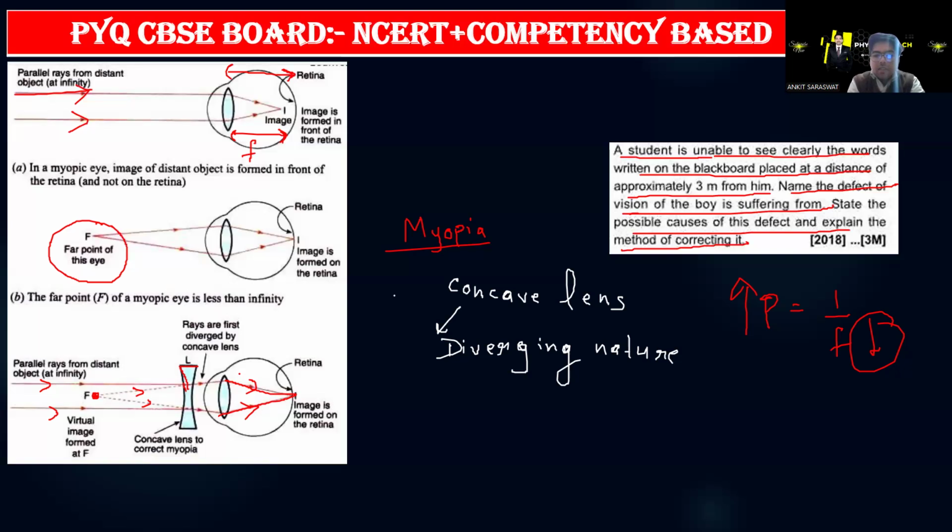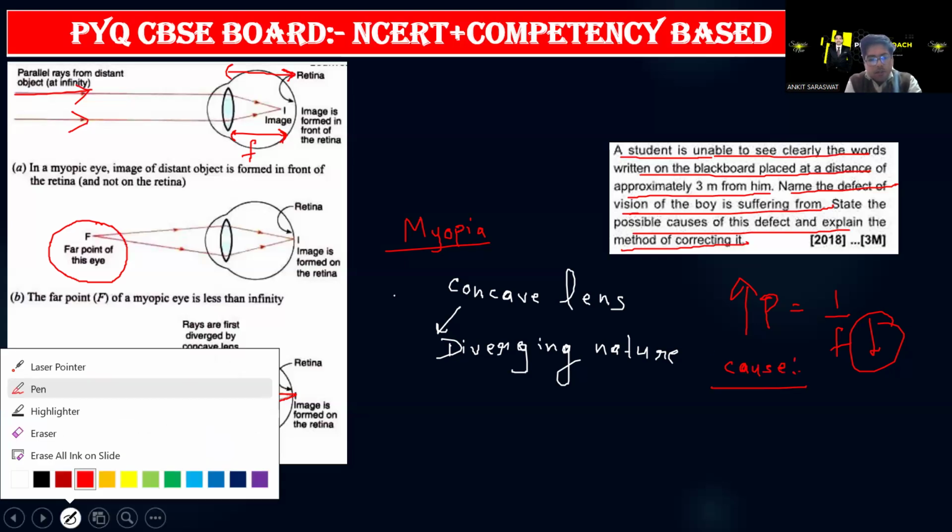So what they're asking is, state the possible cause of this defect. Somebody is asking about the cause. So you can write the cause also, right?